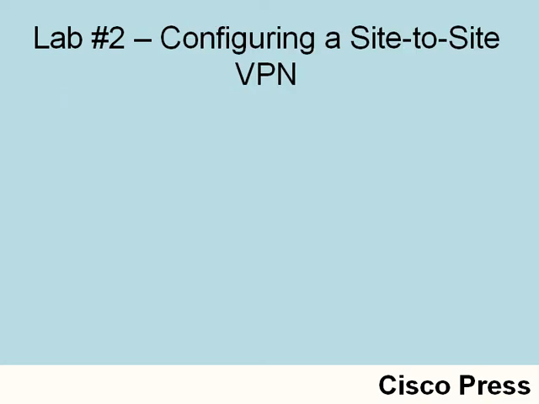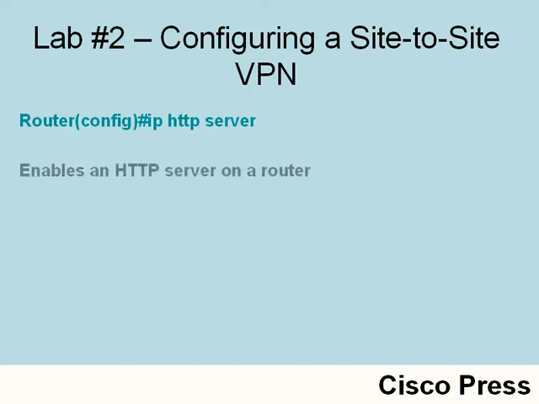In order to prepare our router, specifically we're going to be doing this on router R1, for SDM GUI access, we need to set up router R1 as a web server. We can go in and say, in global configuration mode, ip http server.